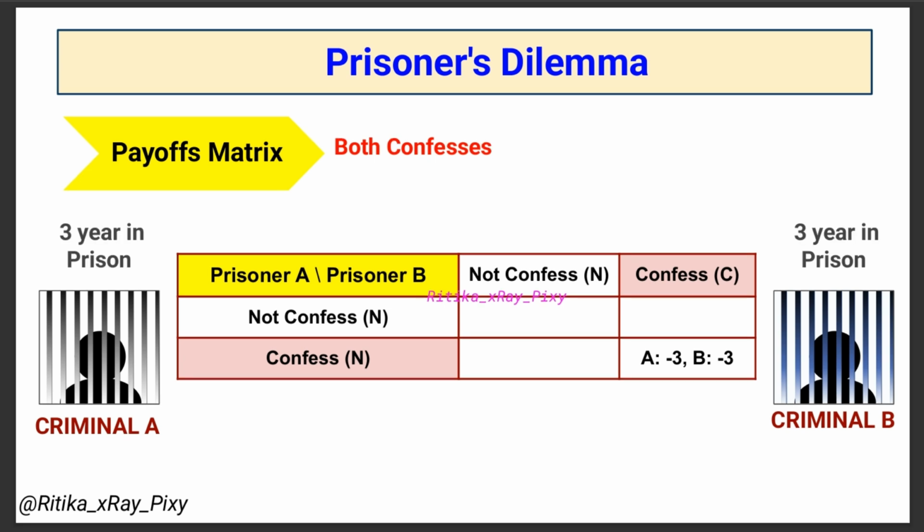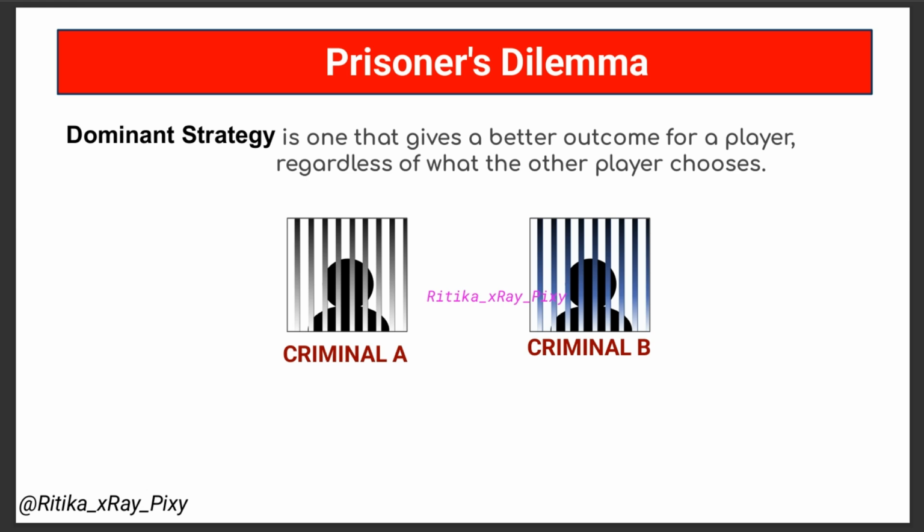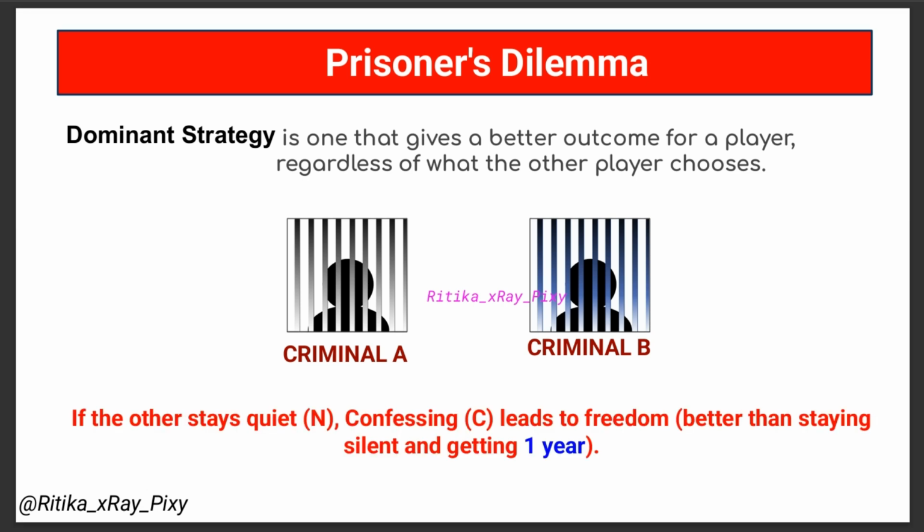Now here, what is a dominant strategy? A dominant strategy is one that gives a better outcome for a player regardless of what the other player chooses. So for this example, we have two prisoners, and if one prisoner is staying quiet, then the other prisoner can confess and get freedom, because it is better than staying silent and getting 1 year of imprisonment.